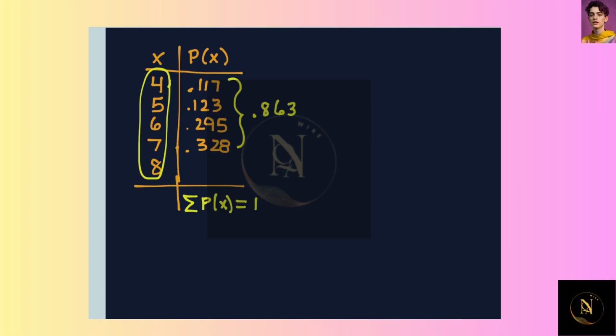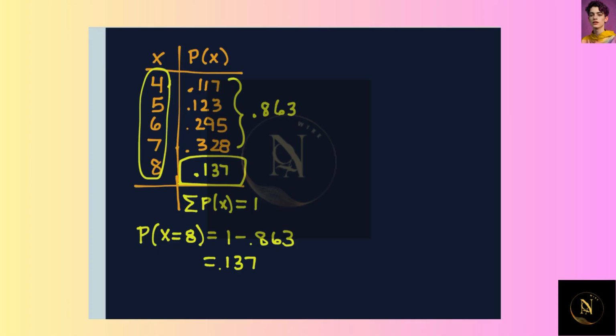So the probability for 8 is going to be, what do I have to add to 0.863 so that I get 1? Or I could say the probability that x equals 8 is equal to 1 minus 0.863. And when I perform that calculation, I get 0.137.